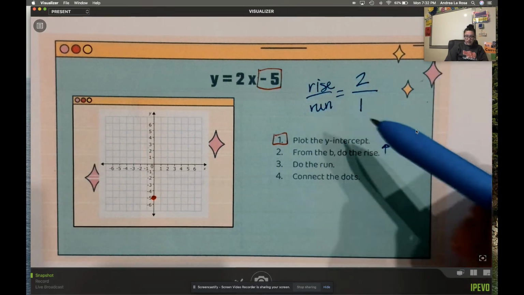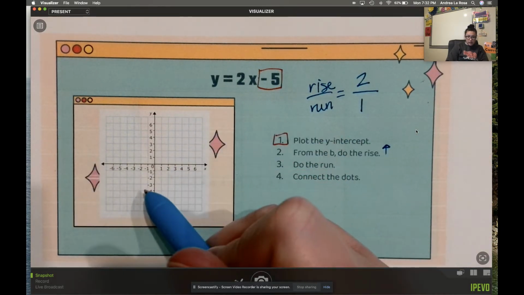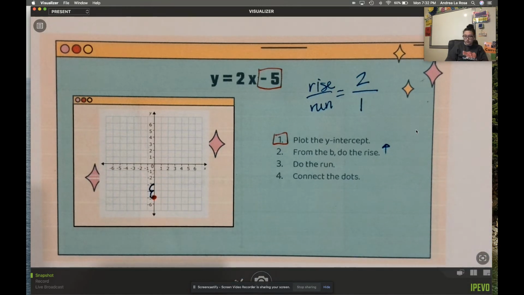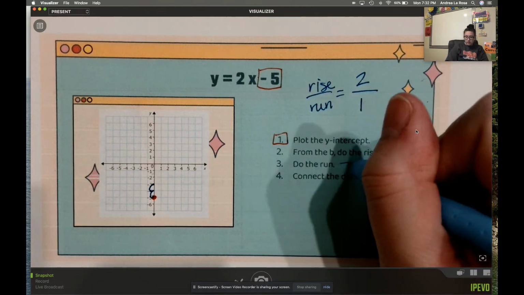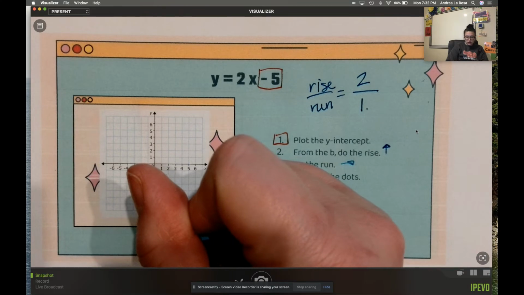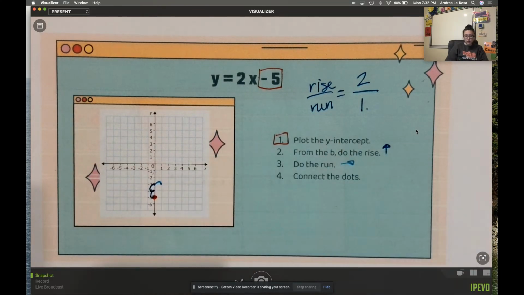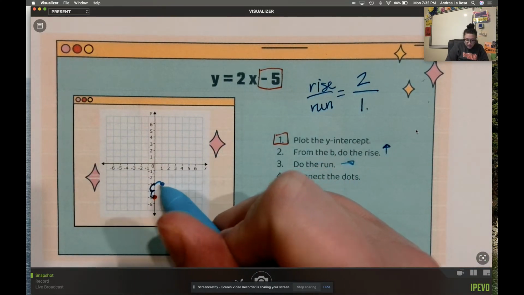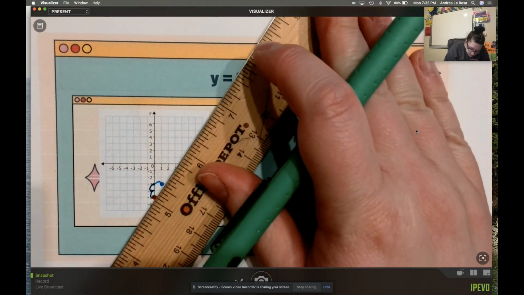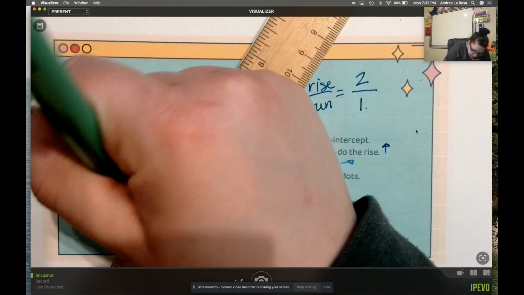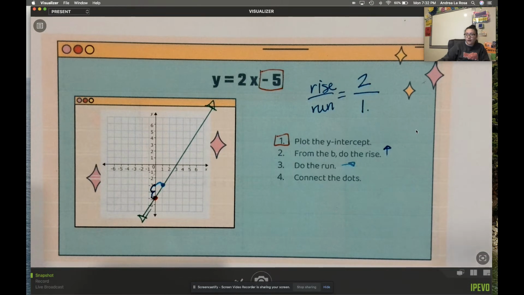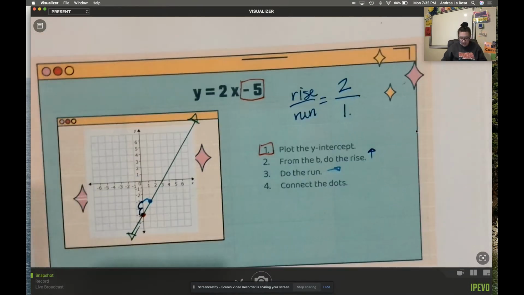So that means my rise is going to be that I'm going up 1, 2, and I'm going to run to the right. I'm going to run one place. I go over to the right one, put my new dot, and there you have it, folks. We've got our line. Wowee, what a time to be alive.